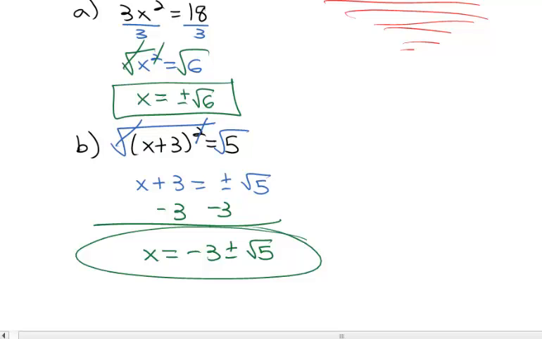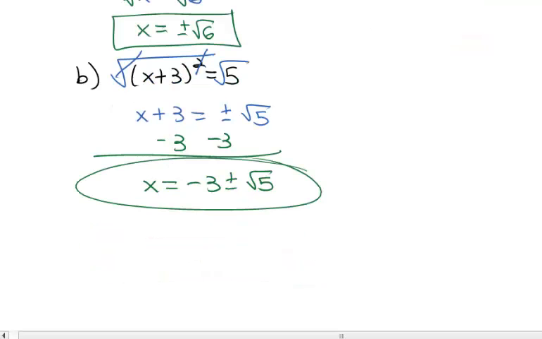Extracting square roots leads to completing the square, which we'll get into in more detail in a future lesson. Completing the square, though, leads to, you might remember, everybody's favorite formula from pre-college math, the quadratic formula, which you should have memorized.